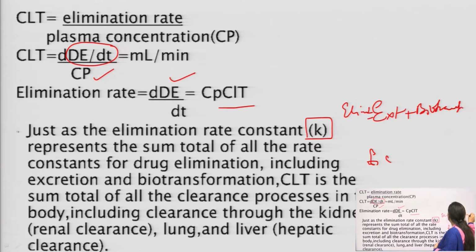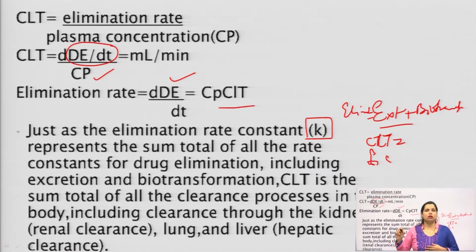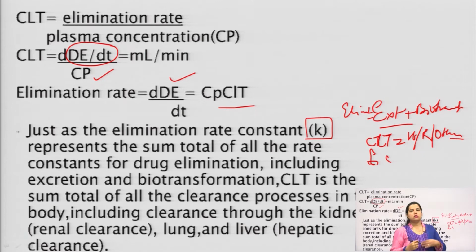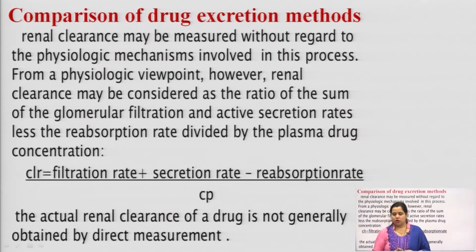Likewise, CLT is the total of hepatic, renal and others like lungs. This is how we calculate clearance. Now, comparison of drug excretion methods.